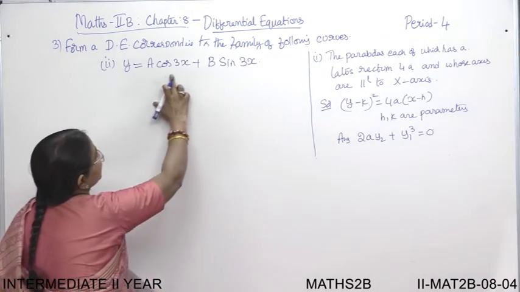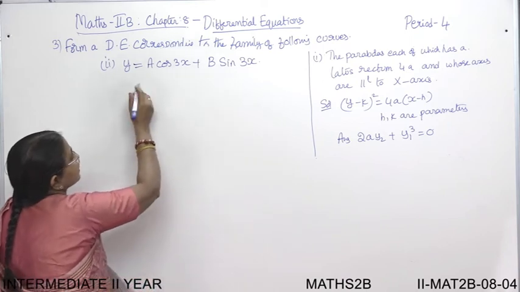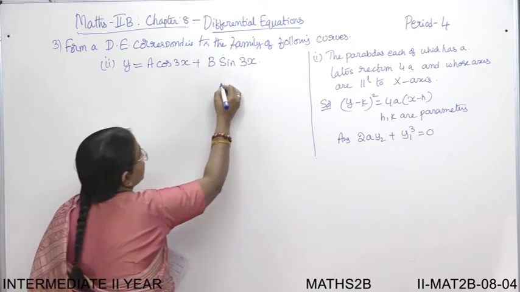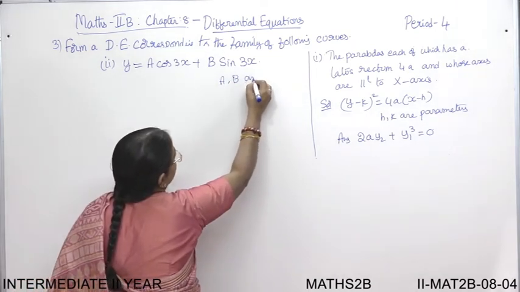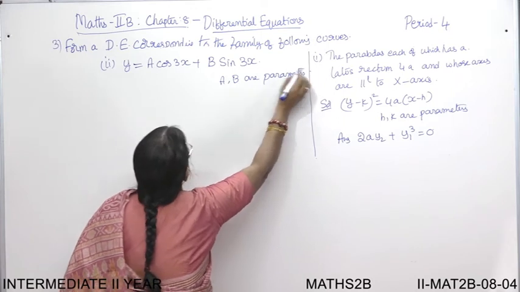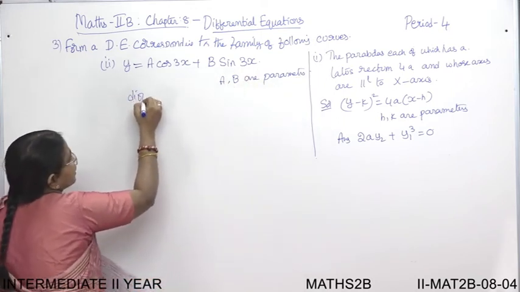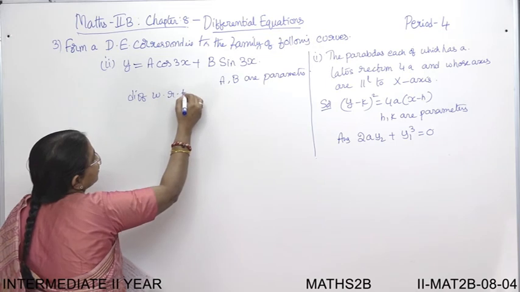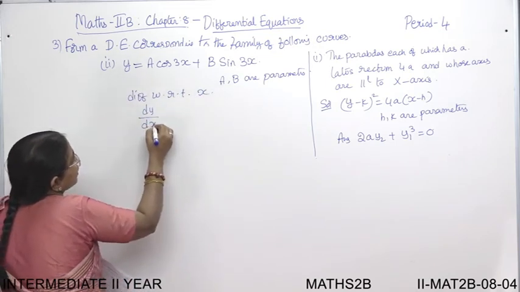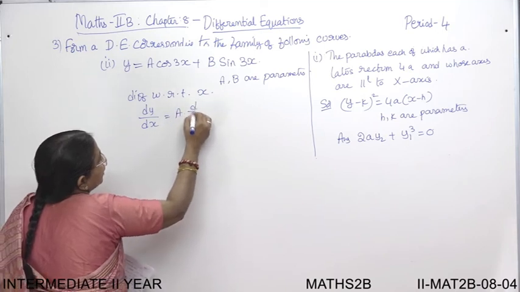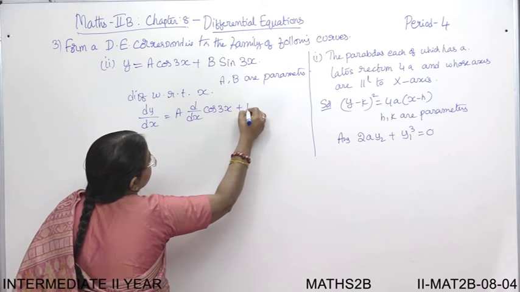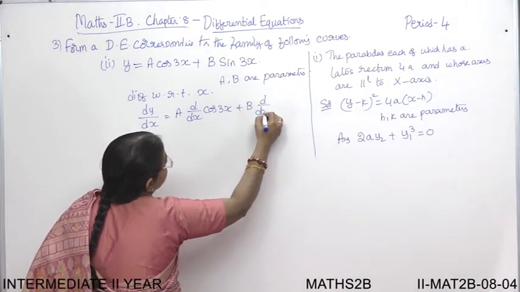Y is equal to a cos 3x plus b sin 3x, because there are two arbitrary constants. A and b are the arbitrary constants. A, b are the parameters. We must differentiate 2 times. So differentiating with respect to x. Dy by dx is equal to a into derivative of cos 3x plus b into the derivative of sin 3x.